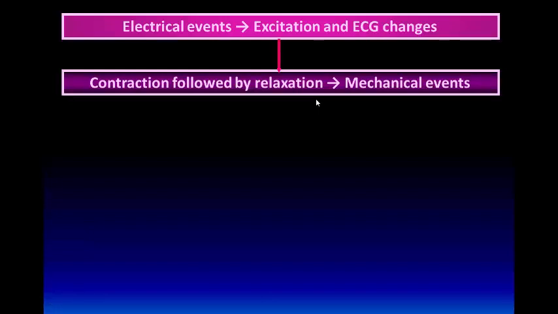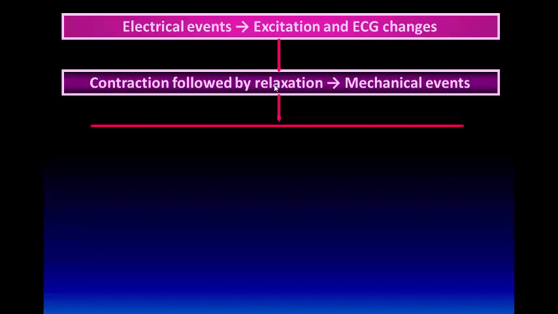So the electrical events result in excitation of the cardiac musculature, and these are shown as ECG changes. These electrical events result in contraction followed by relaxation, and these are the mechanical events which happen during the cardiac cycle.